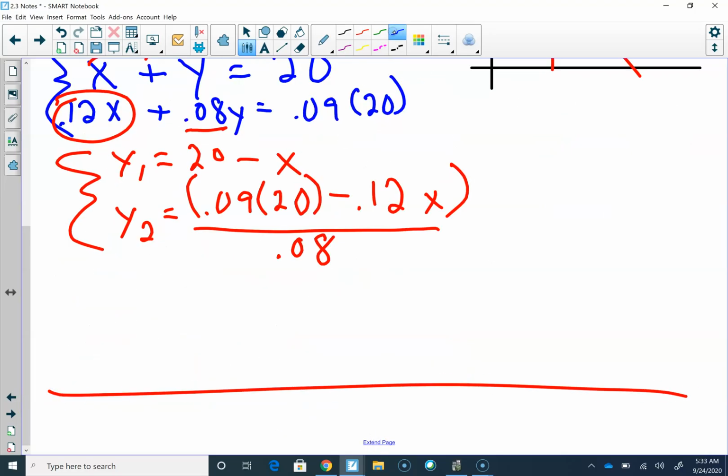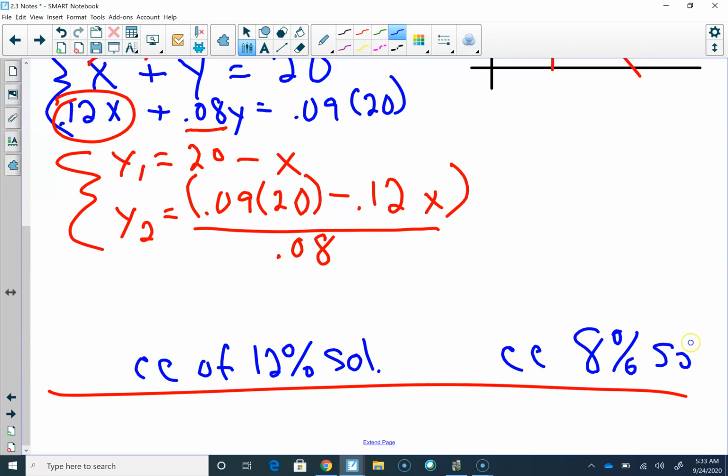And I'm trying to find how many cc's of the 12% solution and how many cc's, and make sure you don't mix these up. That's why we have that ordered pair up there, so you don't mix them up, of the 8% solution.